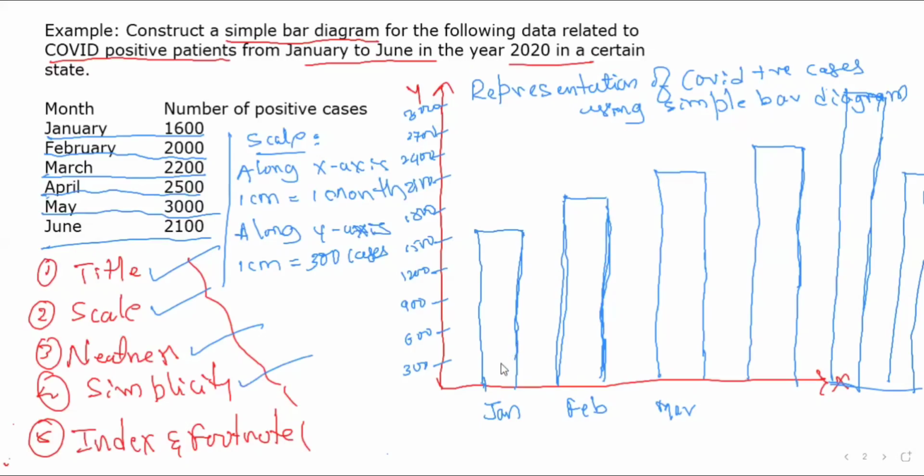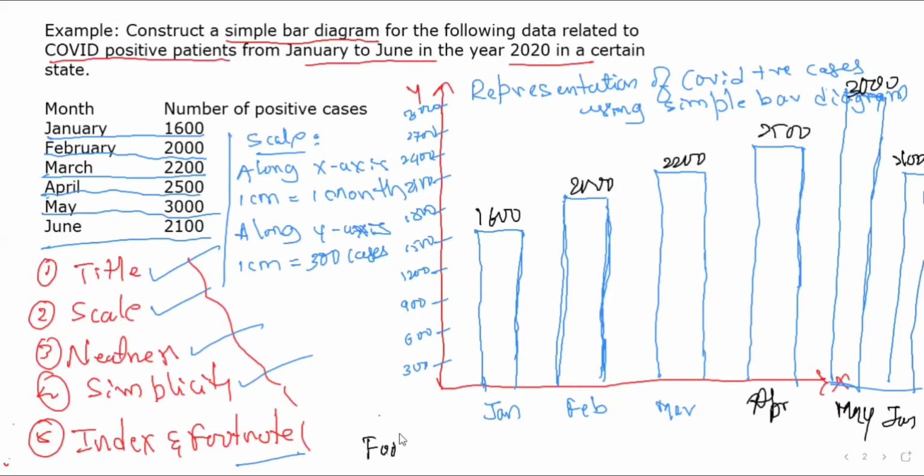Index: here there is only one variable, so no need of index. And footnote. What are we going to put in the footnote? See here. For January it is 1600, for Feb 2000, for March 2200, for April 2500, May 3000, and again in June it is reduced.